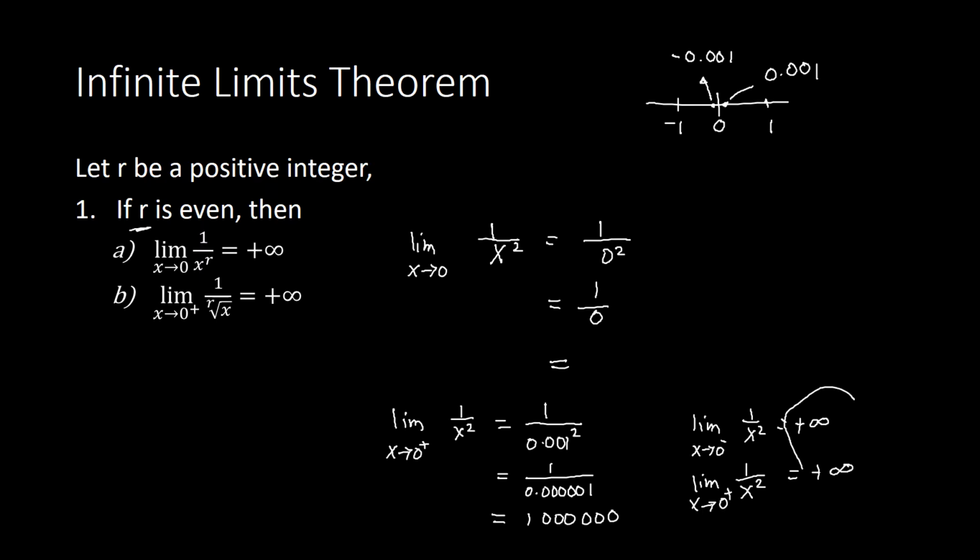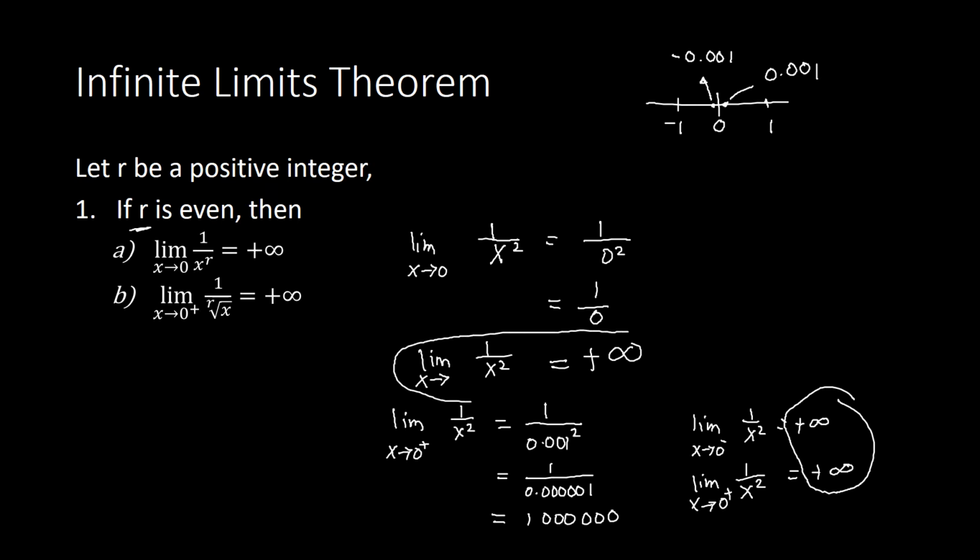Since we have the same value from the left hand limit and the right hand limit, automatically our limit for this particular expression, the limit of 1 over x squared as x approaches 0, is positive infinity. So that is how we get our limit for that particular value. Once we've got an undefined expression, we can test out our left hand and right hand limits, whether they have the same value.